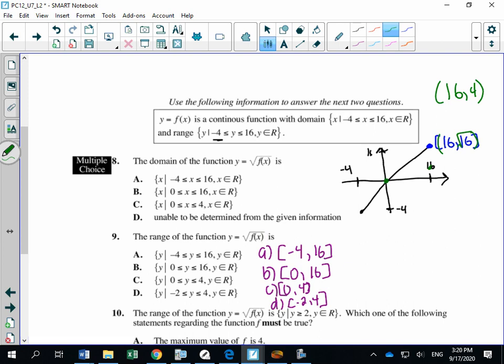So I can graph this 0, 0 on the original. What is that going to be on the transformed graph? It's going to be 0, 0. So my new transformed radical graph is going to look like this. And the square root of 16 we said was 4. So the biggest y value is going to be 4. And the smallest y value for the range is going to be 0. So the answer is C.